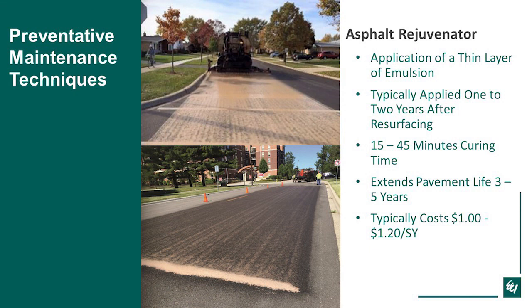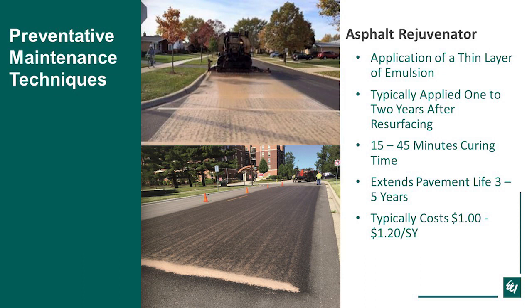So here are some items that both Tim and Chris talked about, ways to intercept that curve and extend the life of the pavement. Asphalt rejuvenator is an application of a thin layer of emulsion that's placed down.